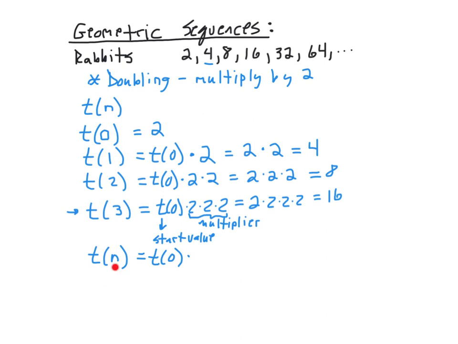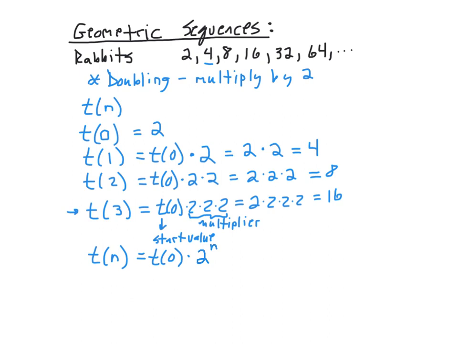So if I have n here, then I would multiply the 2 here n times. I know how to write that. We know that as an exponent. I can write the multiplier raised to the term number, in this case, n.